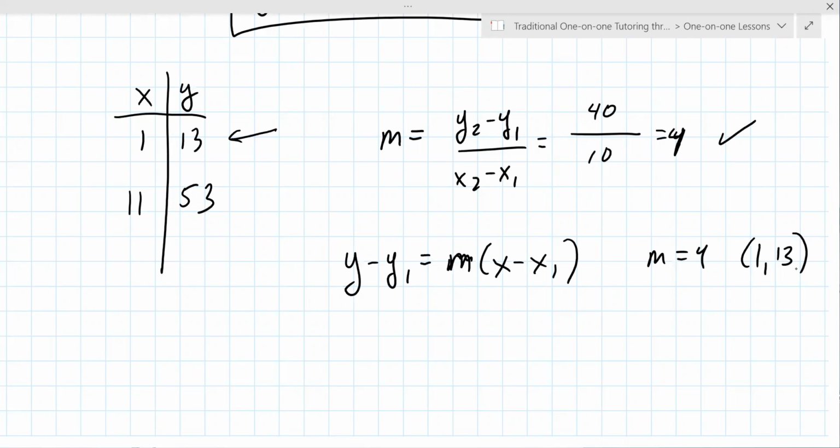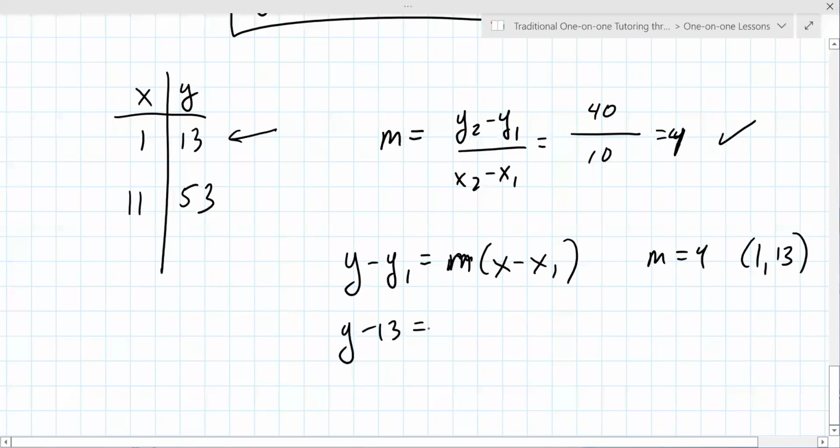I put y minus 13 equals 3x minus 10. Where did the 3 come from? Oh my gosh, it was 4, sorry. And where did 10 come from?